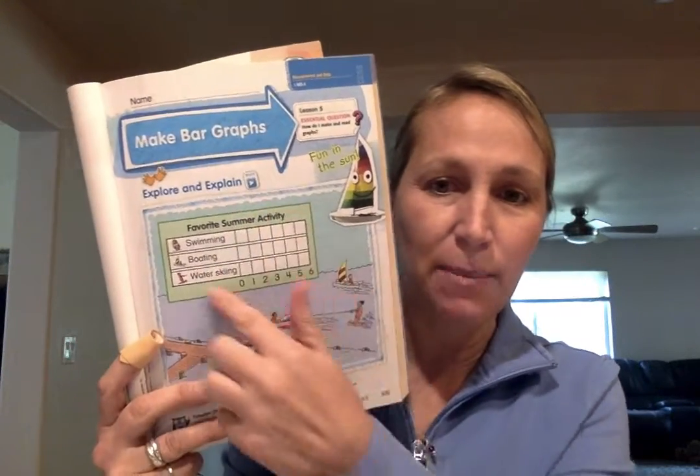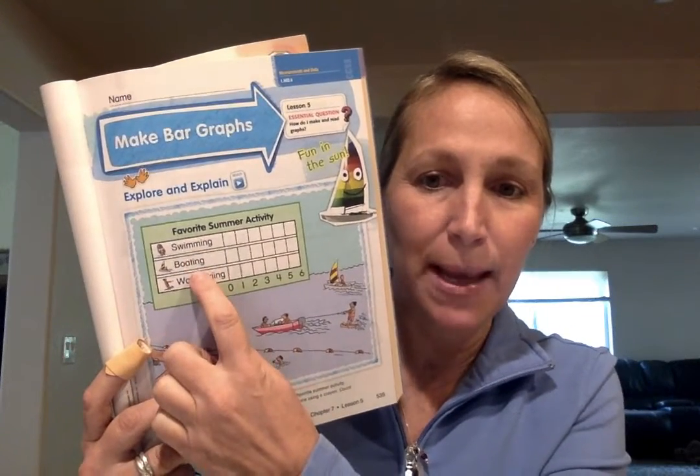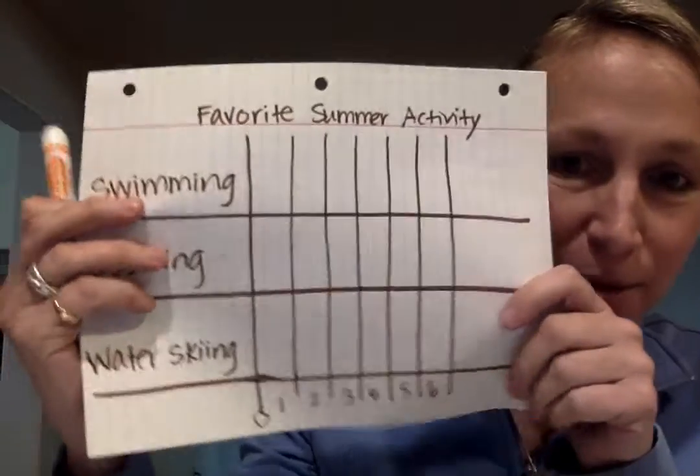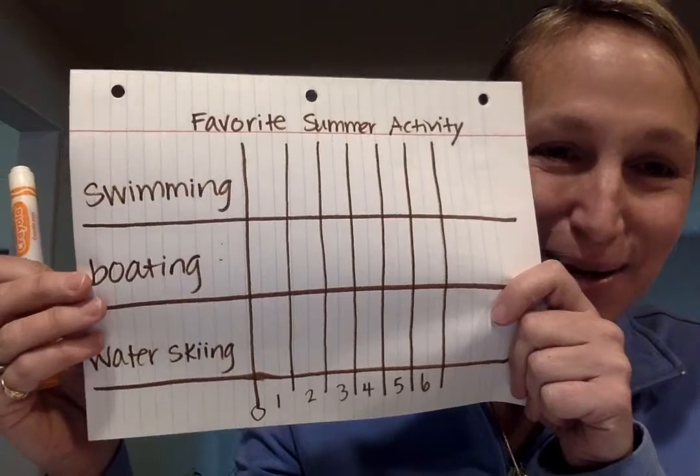So we're going to talk about this right here. Favorite summer activity: swimming, boating, water skiing. I made one, and I did it on a piece of binder paper because I was hoping it would make my lines straighter. I'm not sure if it did. But on this activity, you were to survey the people in your house to choose their favorite summer activity.